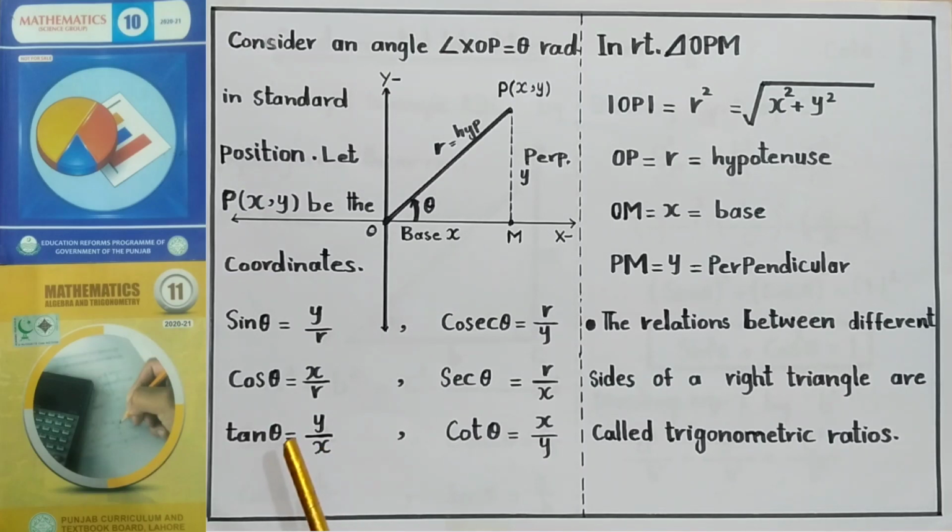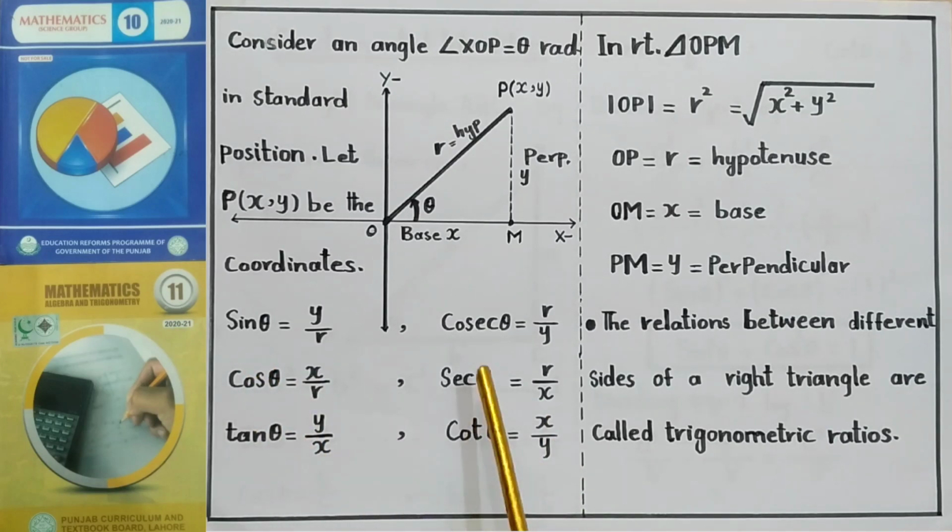The third ratio between the two sides of the right angle triangle is perpendicular over base. It is called tangent theta. That is y over x, meaning perpendicular over base. The reciprocal of tan theta is cot theta, which is equal to base over perpendicular, that is x over y.